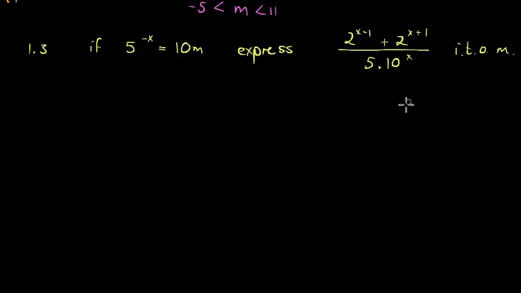Okay, so we must try, since everywhere there's a 5 to the power of negative x, we can replace it with 10m.